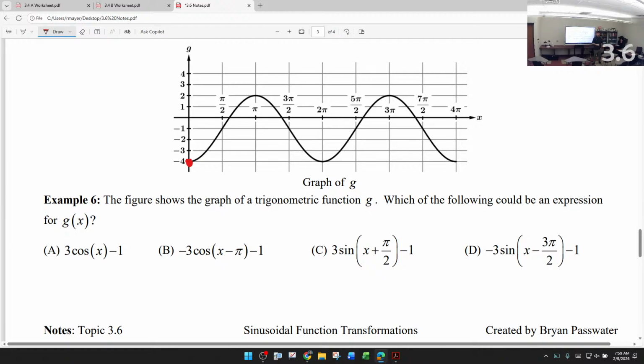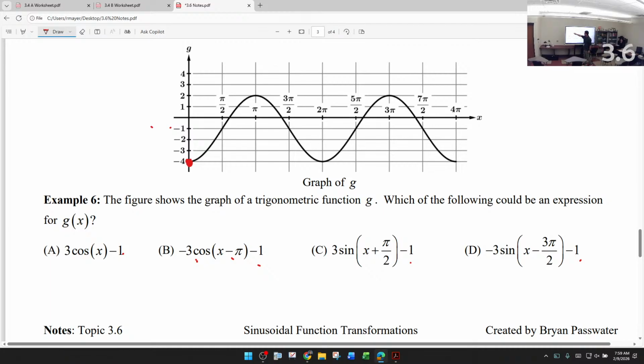It could be b. So if I start right here, I could be this one, but then this one also says I'm shifted down 1 unit, and that would be the midline at -1. Well, all of these have a -1, so we are definitely shifted down 1 unit.